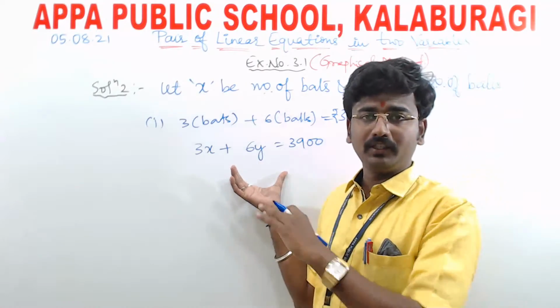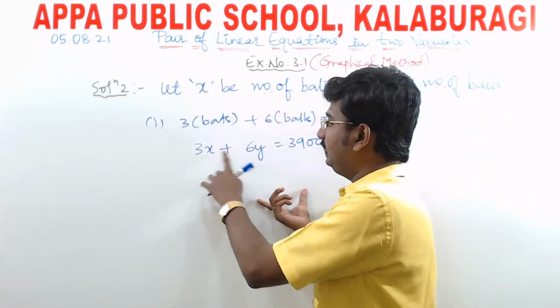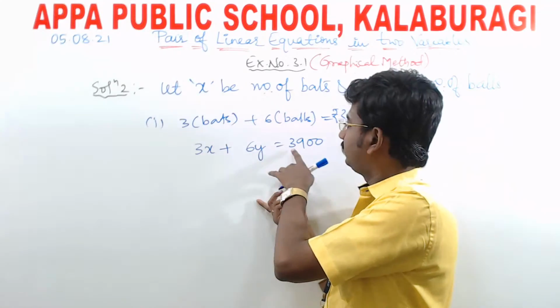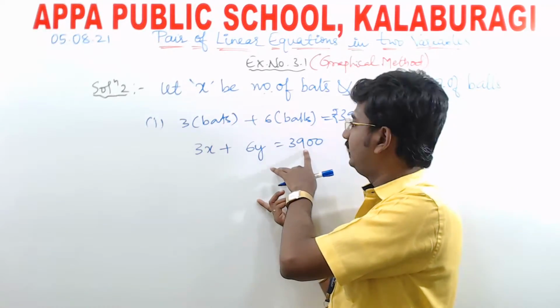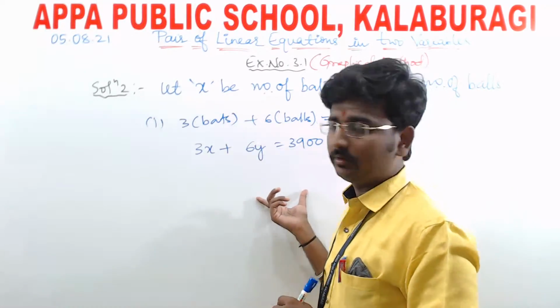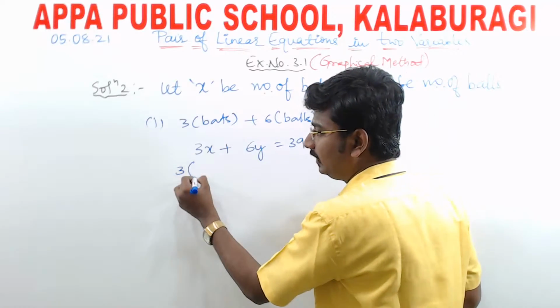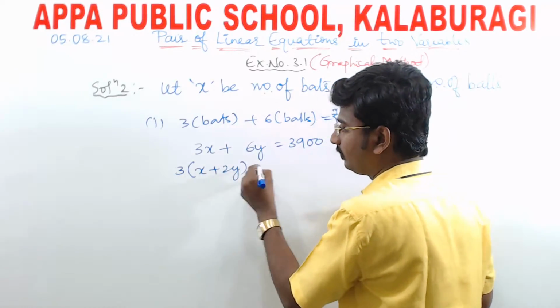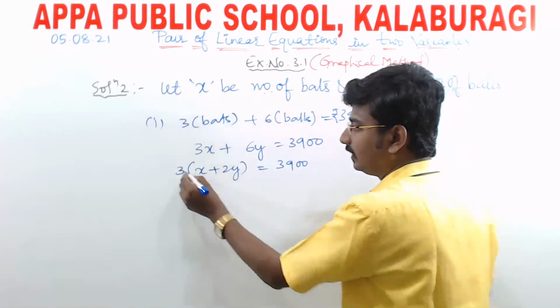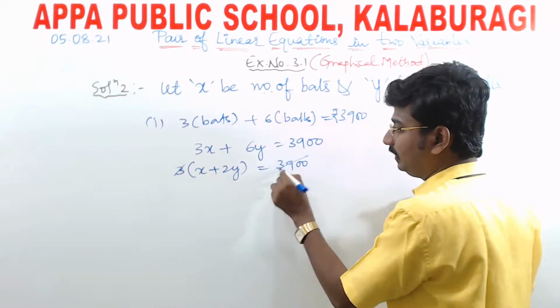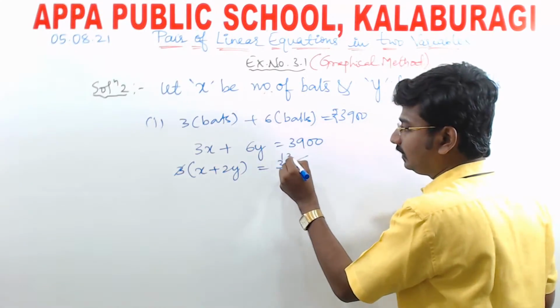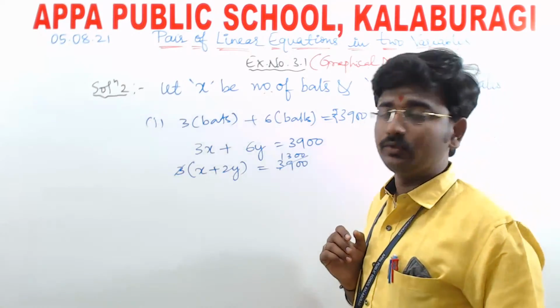Either you can keep this equation as usual, or see that 3, 6 and 3,900 are multiples of 3. So what I will do is first take 3 common here. It will be x plus 2y equal to 1,300, because 3 ones are 3 and 3 1300s are 3,900.